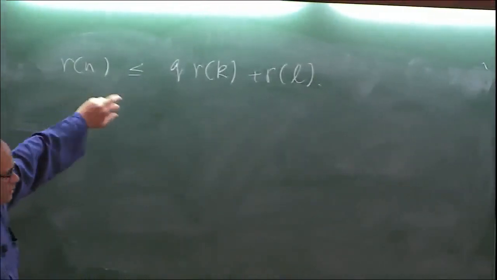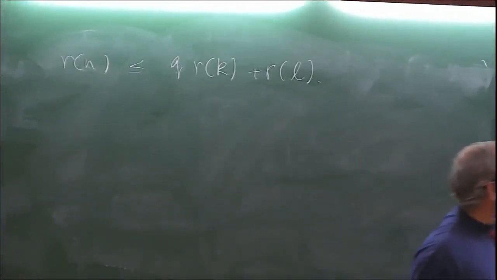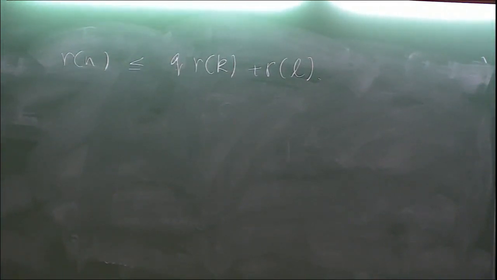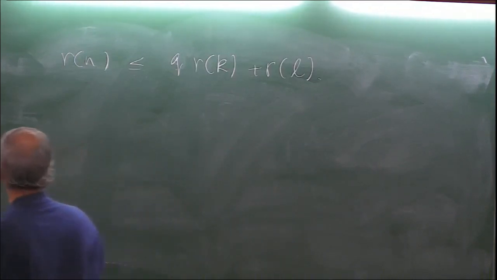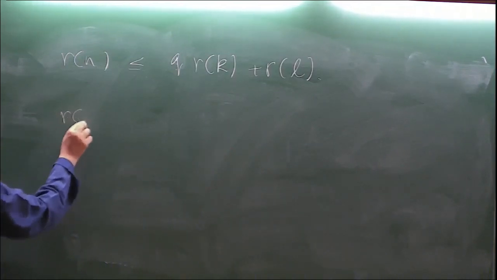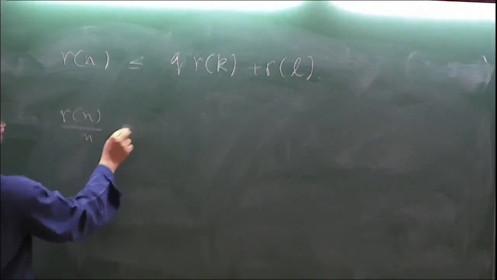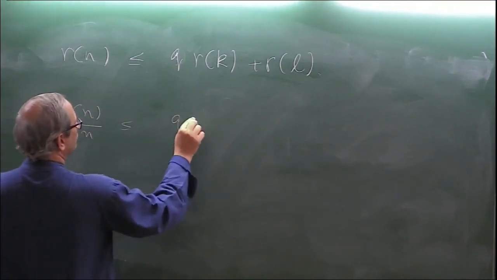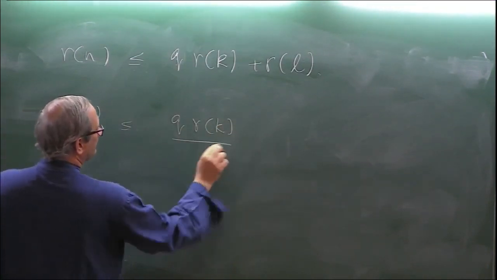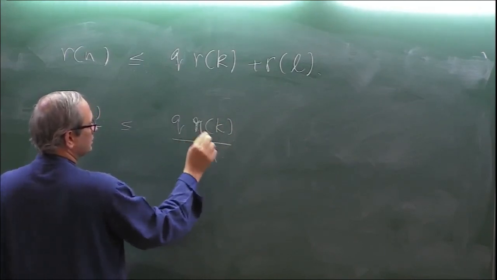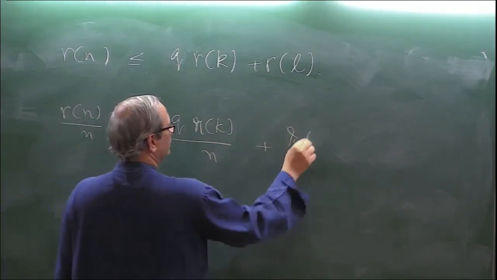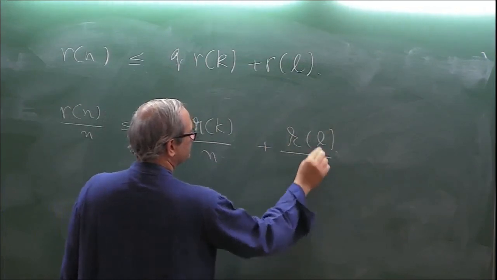Because you can just substitute for n, q times k plus L, and repeatedly apply this inequality. Since q, k, L are all positive integers, you will end up with this. Now you divide by n to write this is less than q Rk by n plus RL by n.